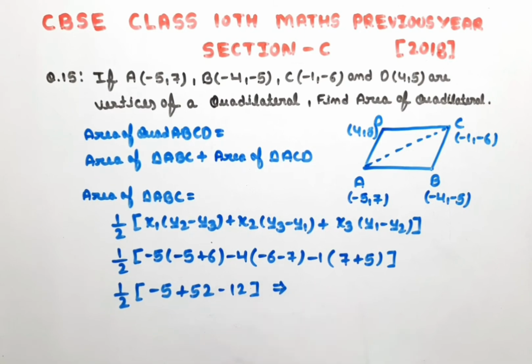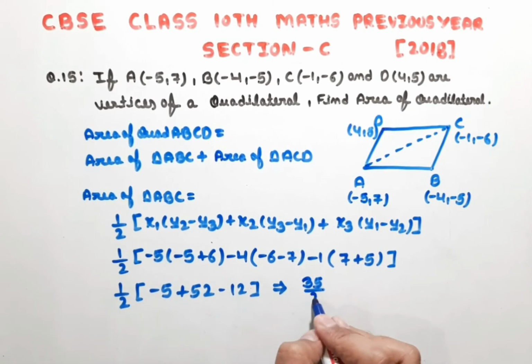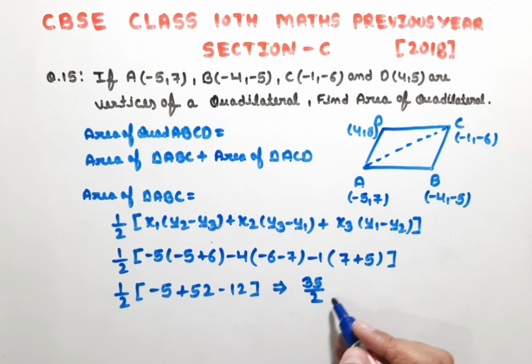So from here, minus 12 and minus 5 is minus 17. When 17 is subtracted from 52, that will be equal to 35, and upon 2. So this is the area of triangle ABC.